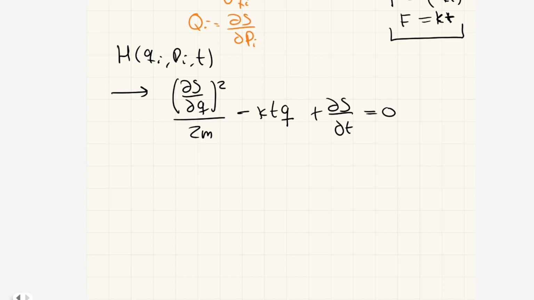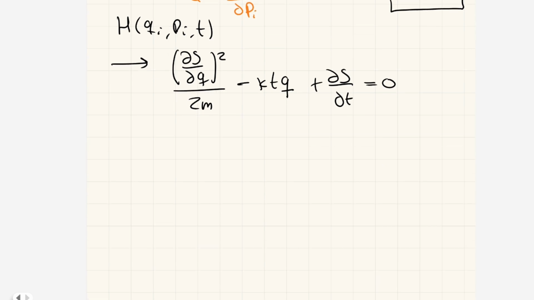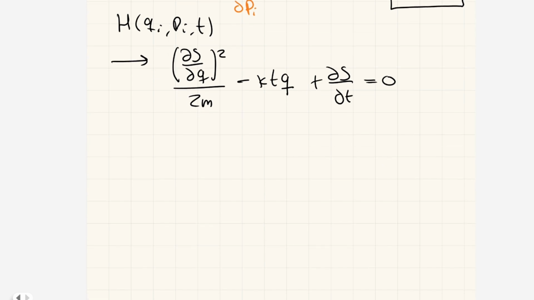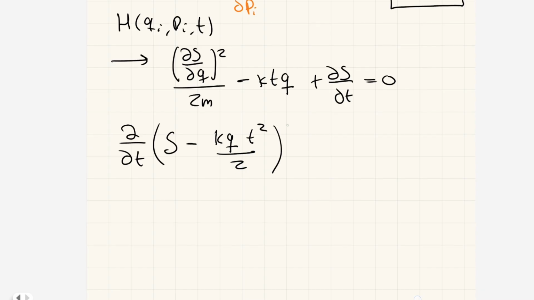Okay, but there is something we can do. First of all, notice that we can rewrite this, just for these two elements, as the derivative with respect to time of S minus k q t squared divided by 2, which is actually the same thing that we have here, right?